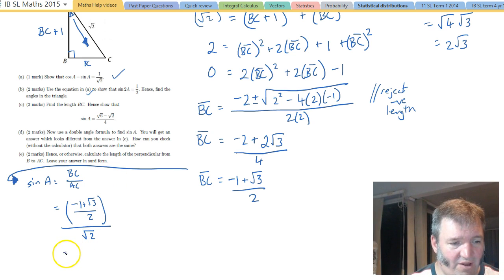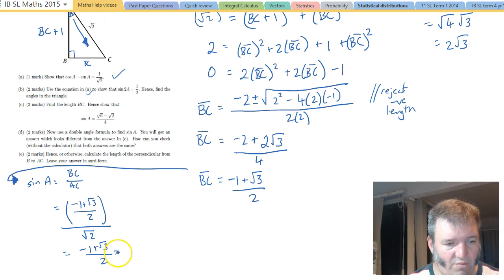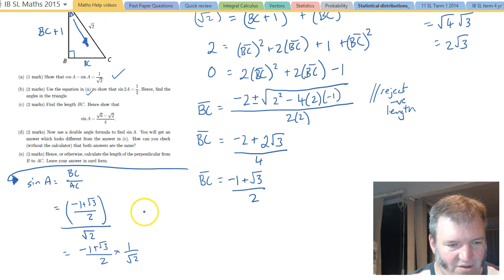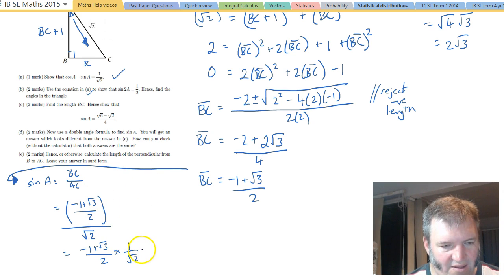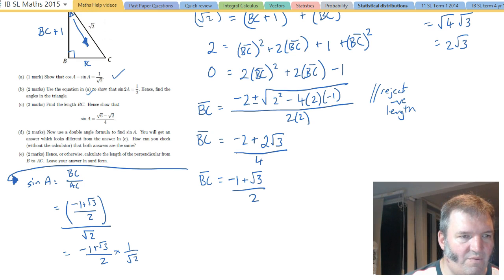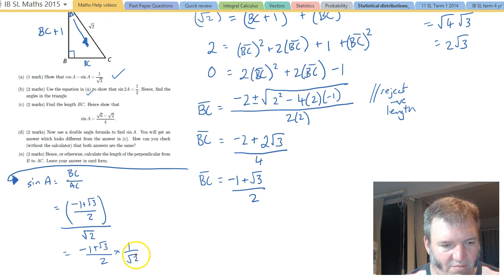That's multiplied by the reciprocal, negative 1 plus root 3 over 2, multiplying by 1 over root 2. 1 over root 2, I'm going to have to rationalize it sometime. Let's do that now. Remember how to rationalize a denominator. Multiply the top and bottom by root 2 over root 2.